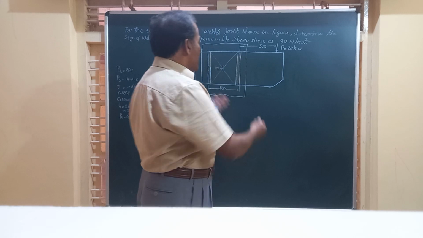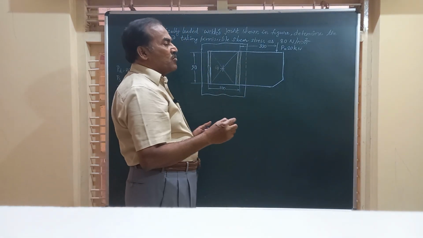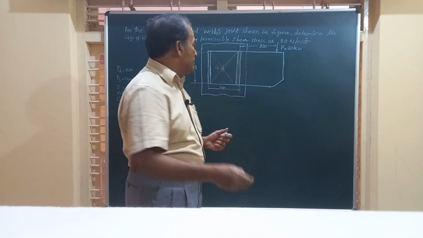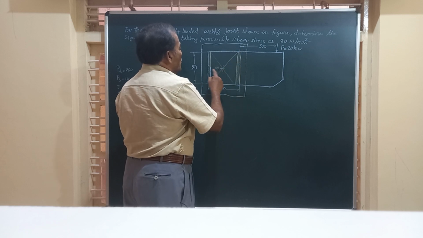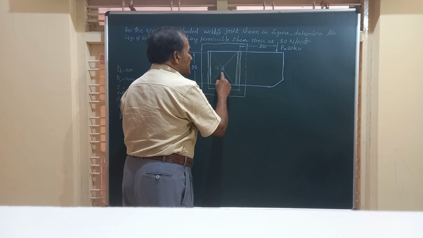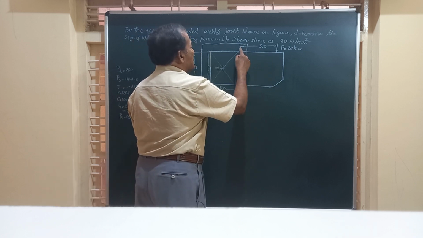So friends, for this system, we will locate the center of gravity. Where does the center of gravity lie? Since this is symmetrical about both the horizontal and vertical axis, G lies here, at a distance of 300 plus 50, that is 350 millimeter.